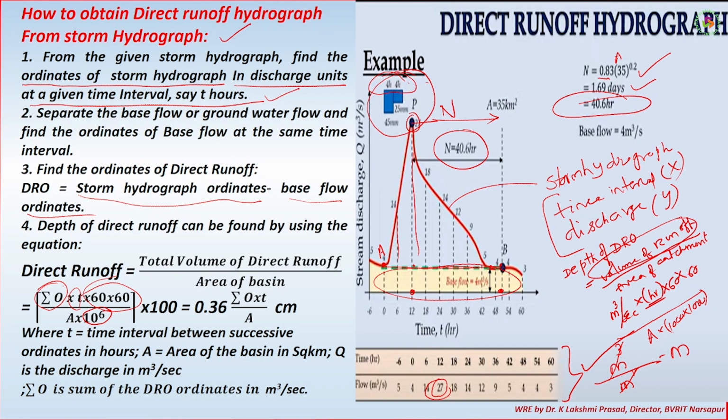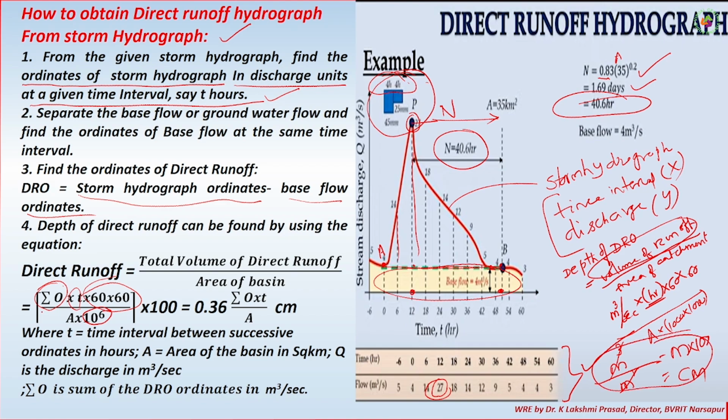So meters to centimeters, whatever you are getting, multiply by 100, and you get it in terms of centimeters. That is what I have done.